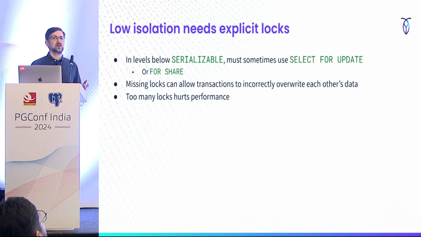So you may look at this and say, oh, well, I'd rather run at serializable and not have to worry about that. This is the philosophy that we favor in CockroachDB. Serializable was the first and default isolation level that we implemented, exactly because we think that most of the time it's not a good use of application developers' time to think about exactly where they need to add these locks for correctness.